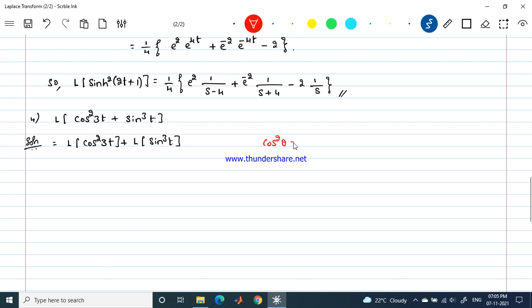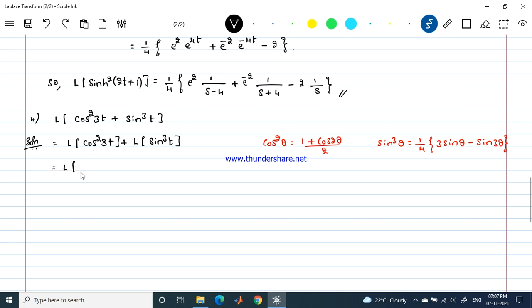Cos square theta is 1 plus cos 2 theta divided by 2. Sin cube theta equals 1 by 4 times 3 sin theta minus sin 3 theta. Now let me substitute these two here.